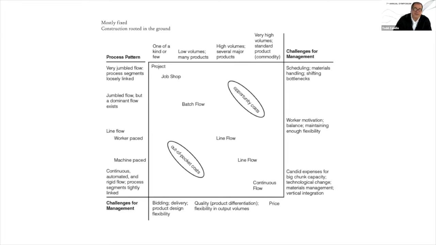In this first example, it's machine pace, which means the assembly line, which was not necessarily invented by Ford but was perfected by Ford, sets the pace as the work moves through the line. And then you can have a worker pace line flow. So when you see these videos of people in China that are all stacked up in these large production facilities, that would be more of a worker pace line flow.